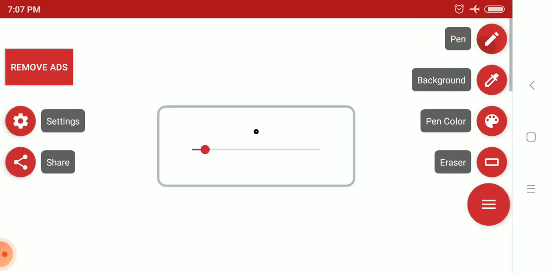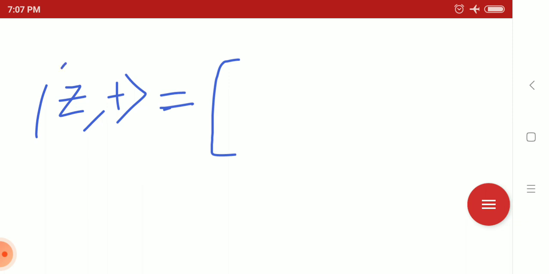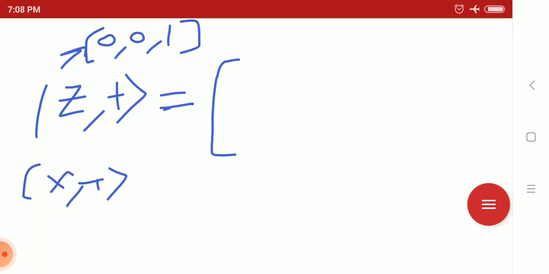In that question we have been given z plus, that is eigenvector z. It has its Cartesian form 0, 0, 1. Similarly x plus has Cartesian form 1, 0, 0, okay, and y plus Cartesian form 0, 1, 0.